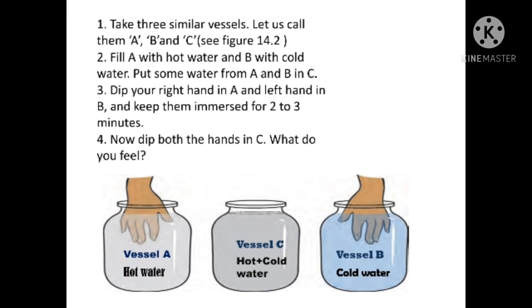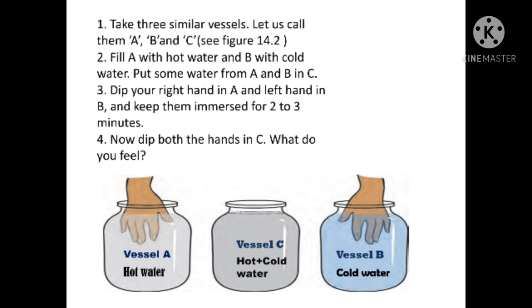Now the left hand, which was dipped in vessel B, got cold. Why did it get cold, students? Compared to the cold water, our hand was the hot body. So heat transfer took place from our hand to the water.